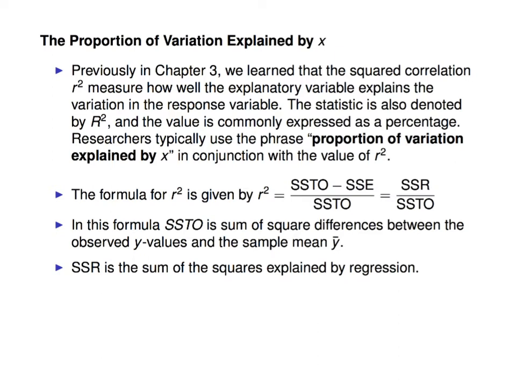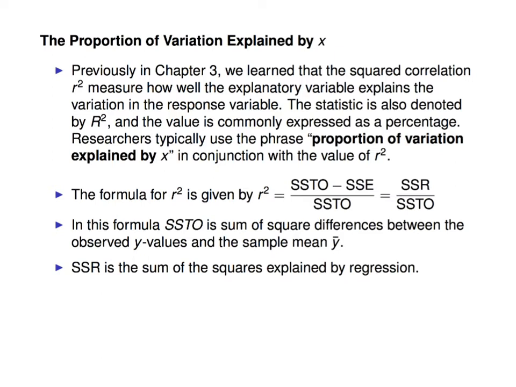Okay, previously in chapter 3, we learned that the squared correlation R squared measures how well the explanatory variable explains the variation in the response. And the statistic is also denoted by capital R squared, and the value is commonly expressed as a percentage.